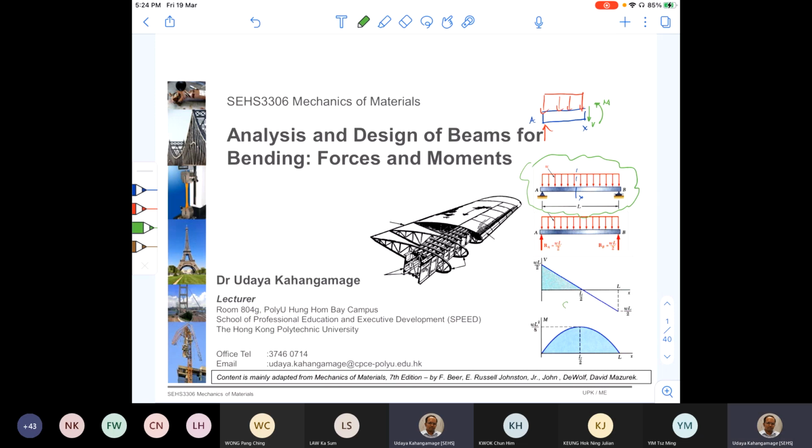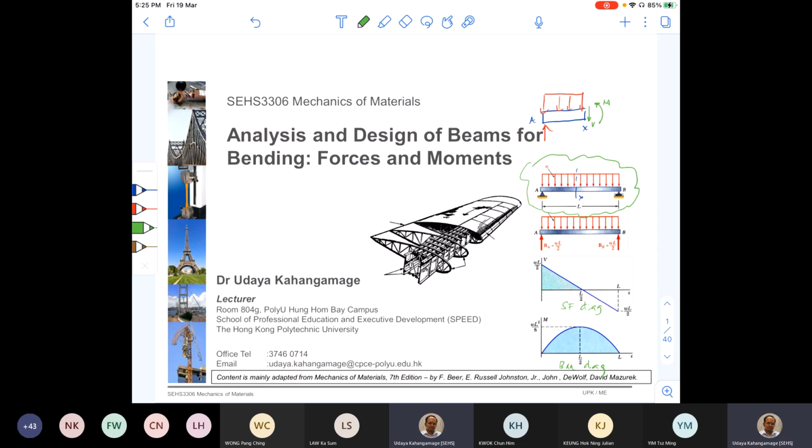What you can see in the figures given, this is the shear force diagram, showing how the shear force varies along the beam. The bottom one is the bending moment diagram, and it shows how the bending moment, that is M, varies along the beam. By visualizing this, we can find out the locations which are called critical locations.